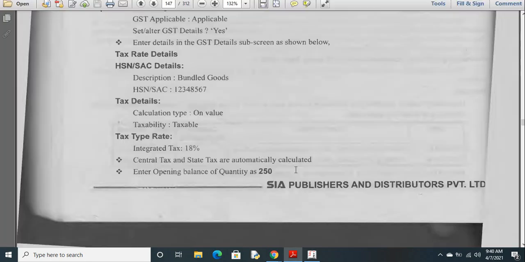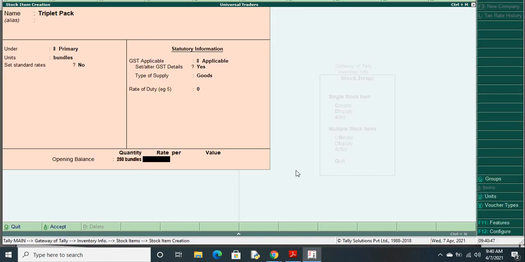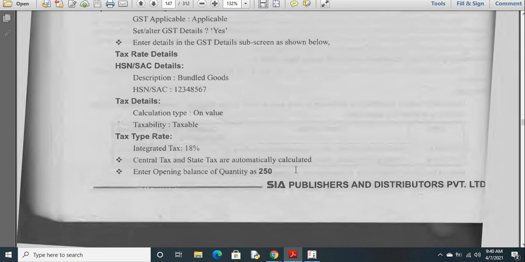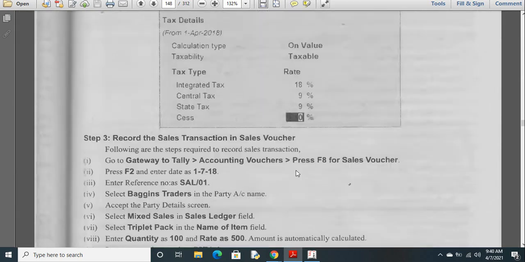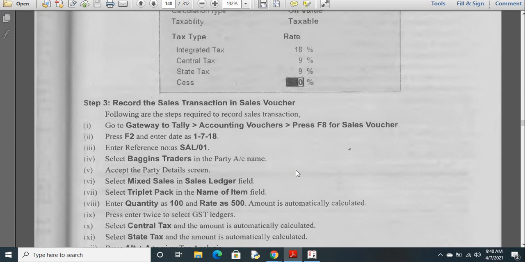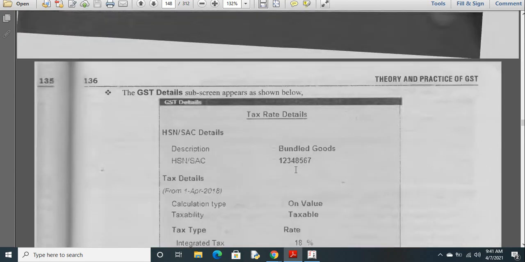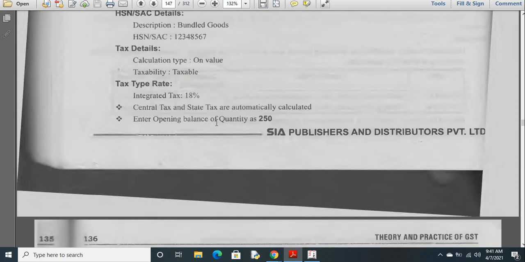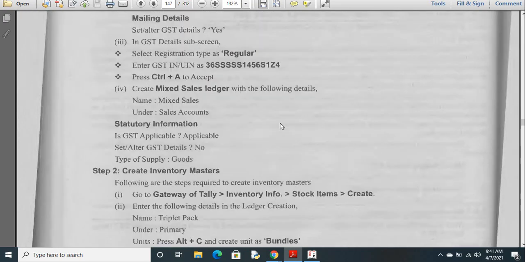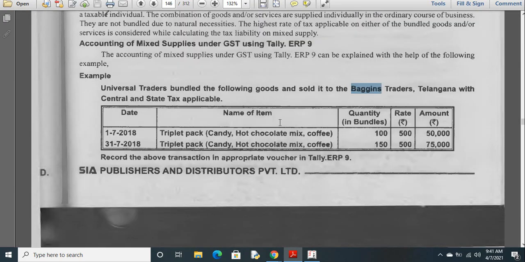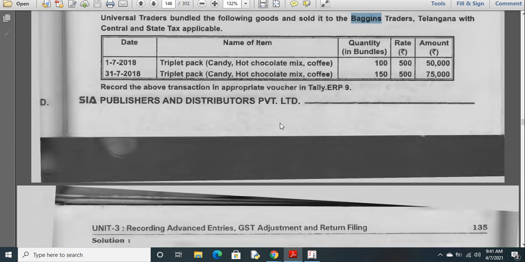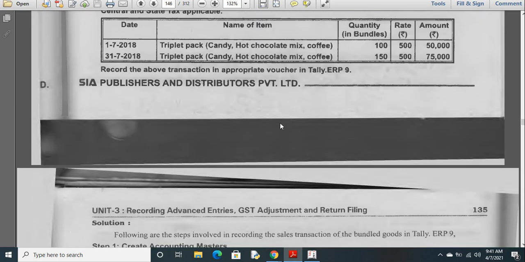Quantity he said 250, so 250 bundles. Enter the opening balance of quantity as 250. Then what would be the price for this 250? Rate is 500 only.